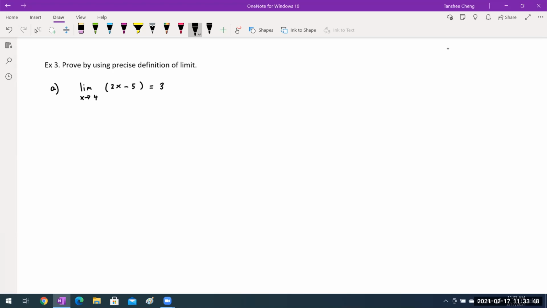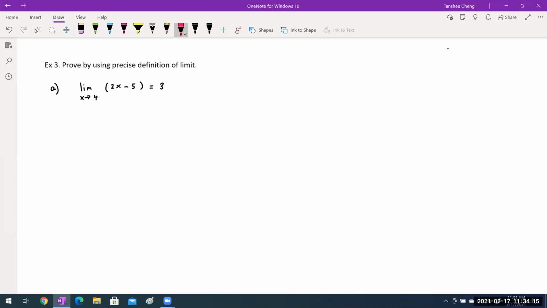But the limit laws, every single one of them, can be proved by using this precise definition of limit. So the key thing that we want to remember to prove this precise definition of limits, we always need to remember this part. Let me write it in pink. We are interested in showing in general, right?